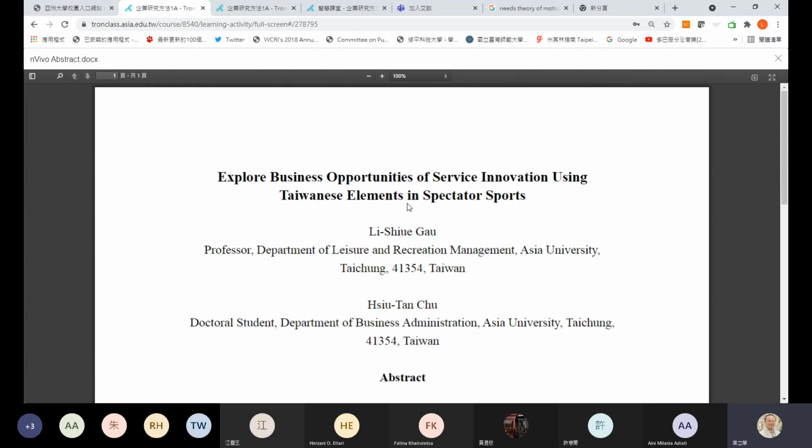For example, we want to see whether these elements are delicious or not, or their cultural value, a cultural perspective, or any other different perspective to check this concept, Taiwanese elements. However, in this study, we only pick one perspective.